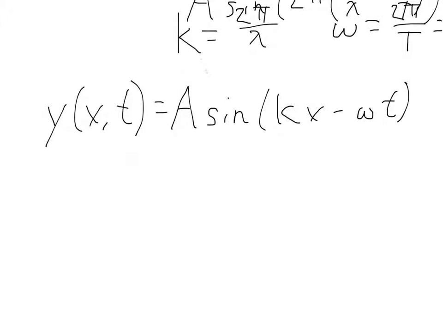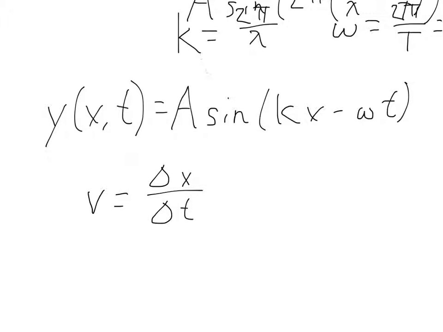Now, at this point, you might be wondering what happened to the velocity. Where does velocity come into play at all? Well, there's a nice relationship between the velocity of a wave and its wavelength and its period, or its frequency. If there's a certain period that it takes to go through a complete oscillation, and in that time it moves some distance, then that tells you the velocity, because velocity is delta x over delta t.